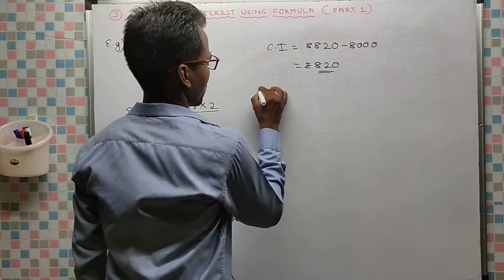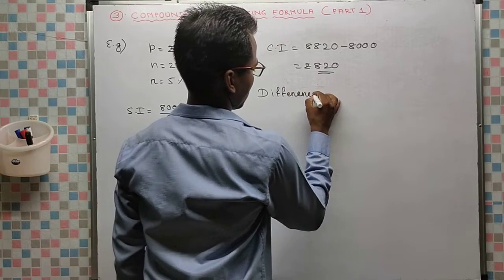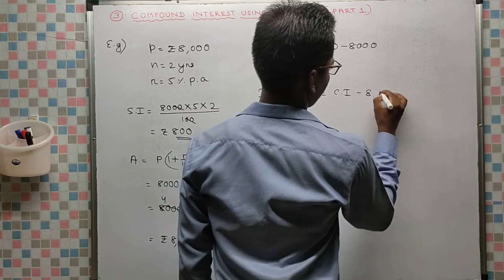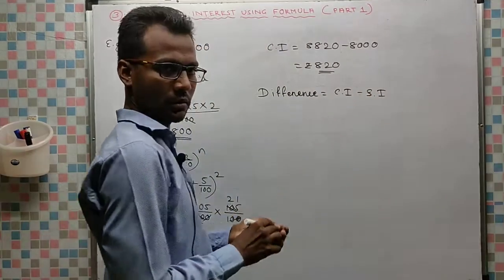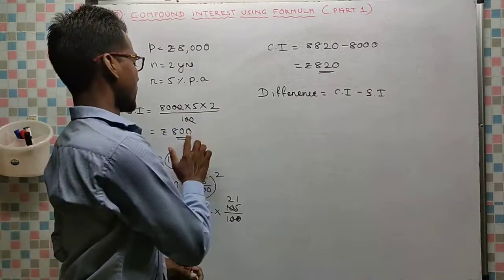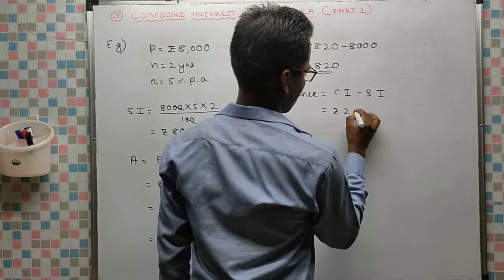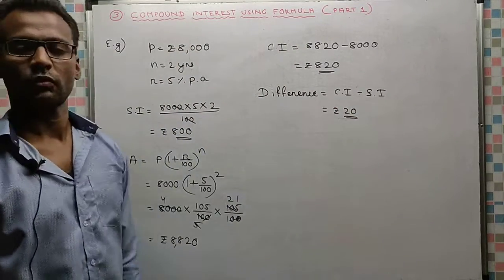So difference is equal to CI minus SI. So 820 minus 800 is equal to rupees 20. So difference is rupees 20.